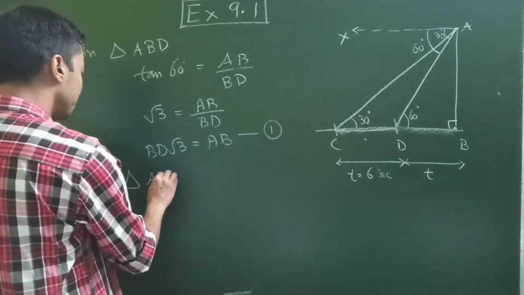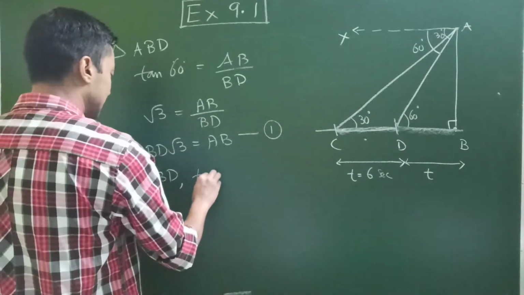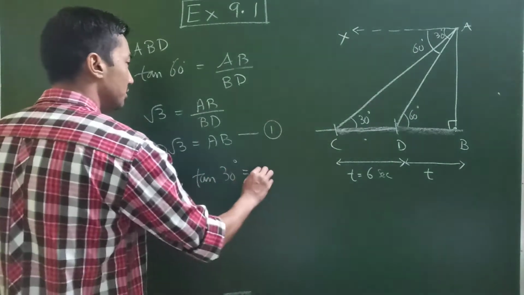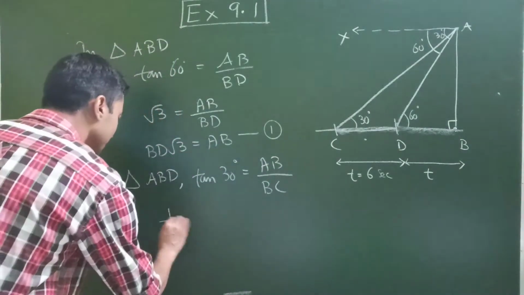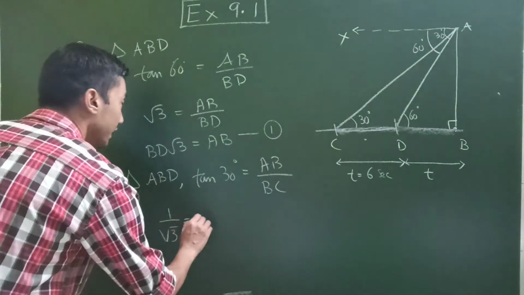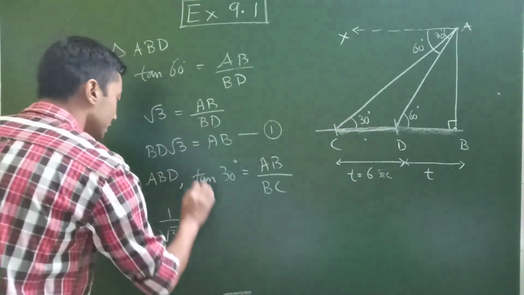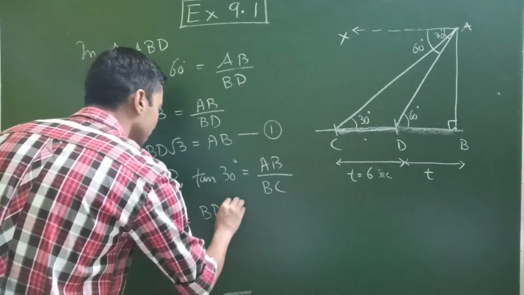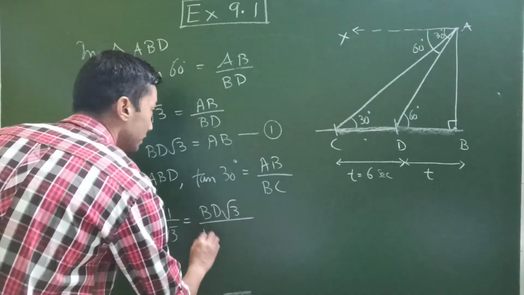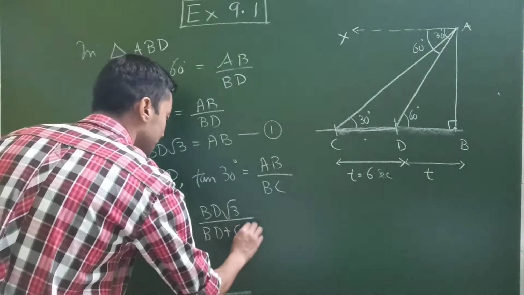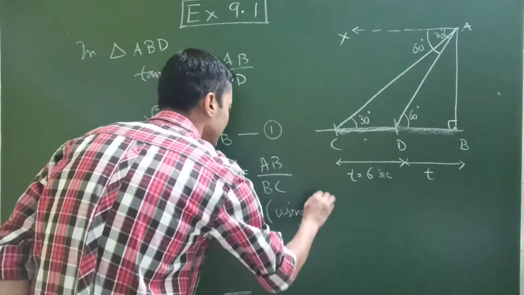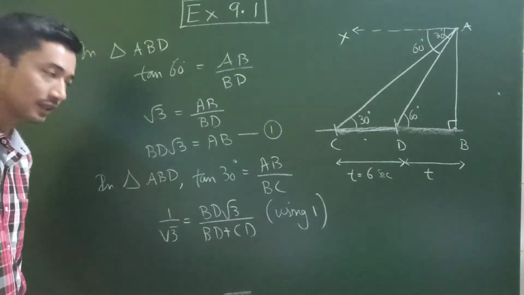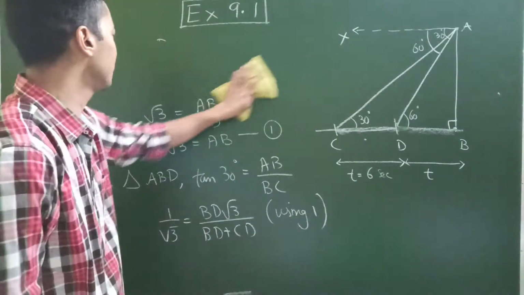In triangle ABC, tan of 30 degrees will be AB by BC. Tan 30 is 1 upon root 3. For AB we can use this equation, that is BD root 3. BC can be written as BD plus CD using equation 1.